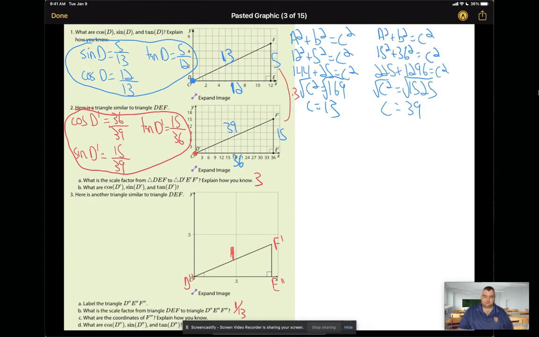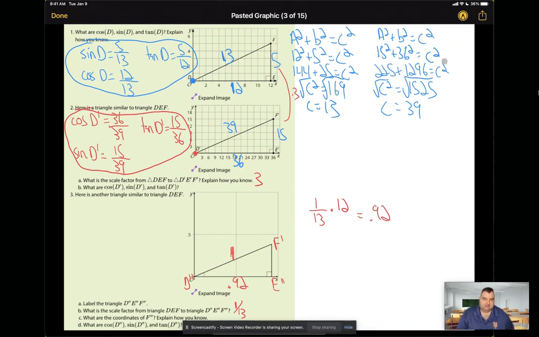The scale factor is 1/13, which means to figure out the other two sides, for example, the horizontal side of the original triangle was 12. I'm going to take 1/13 and multiply it by 12. Let's get a decimal value here. This is going to be approximately 0.92.